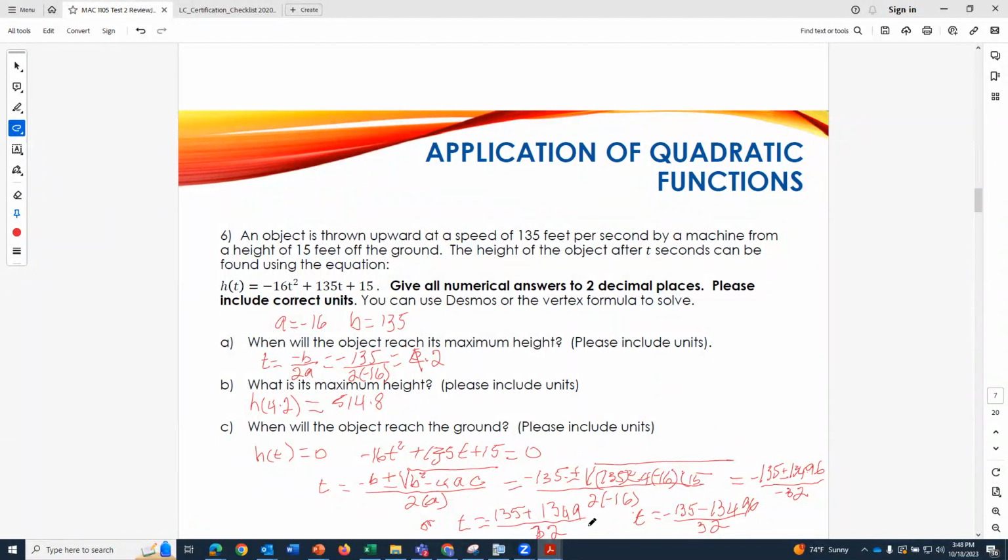What is important is to set the equation equal to 0 and solve for t using the quadratic formula.